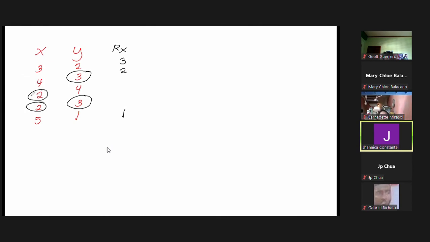Since we have two numbers in the set of X, the only remaining ranks that are not listed for the values of X are rank 4 and rank 5. So we will be having the rank for 2, which is 4.5.